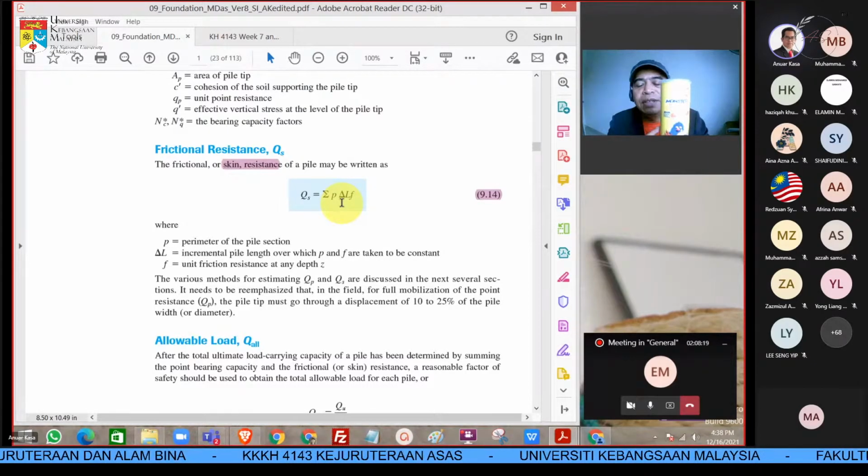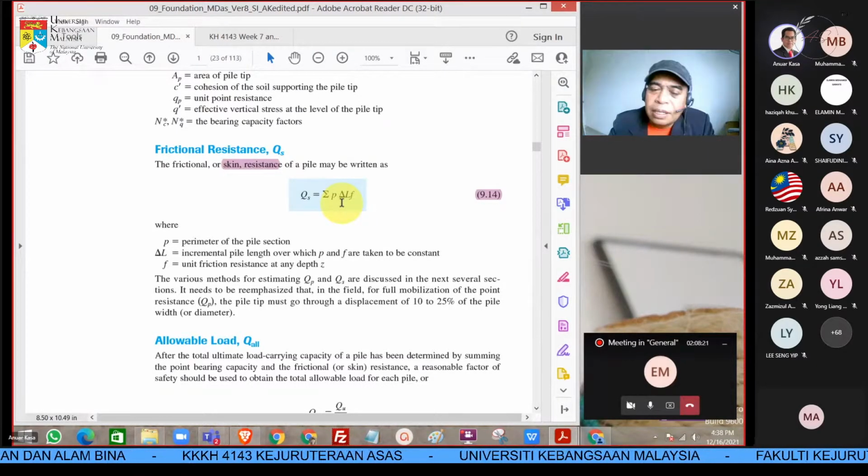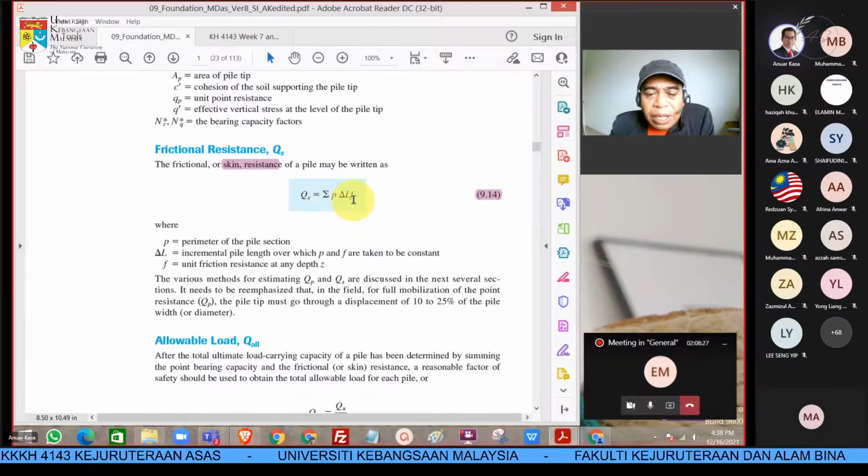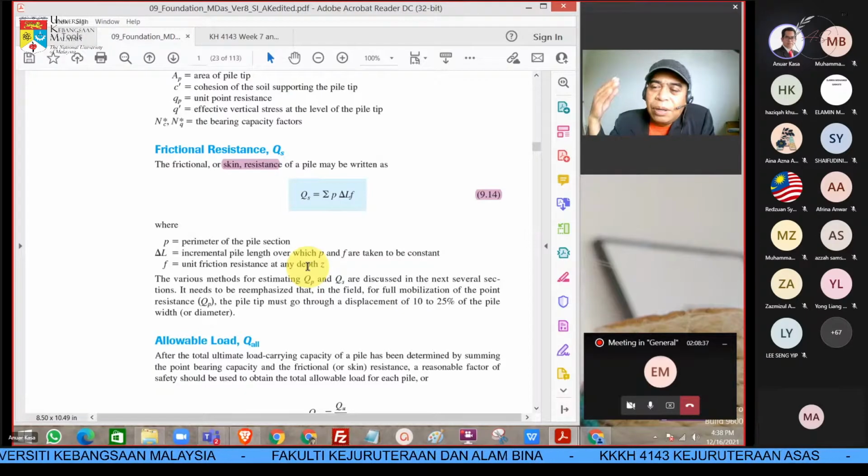Different layers have different properties. So it depends. To get the QS, we also need to multiply with F here, which is the unit friction resistance at any depth. So along the depth, the F value could be different.